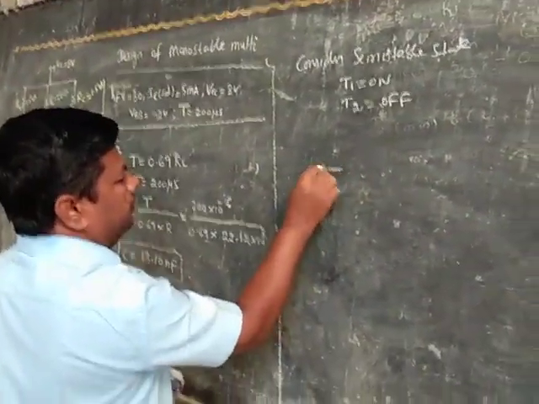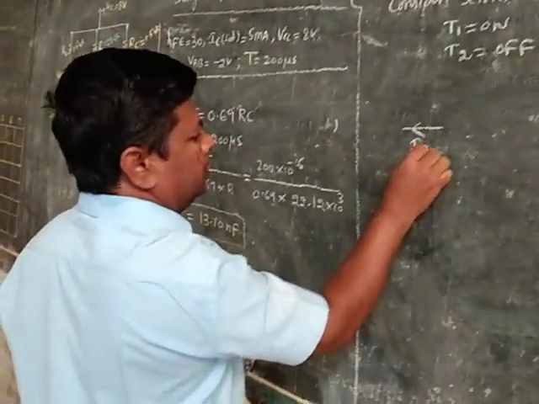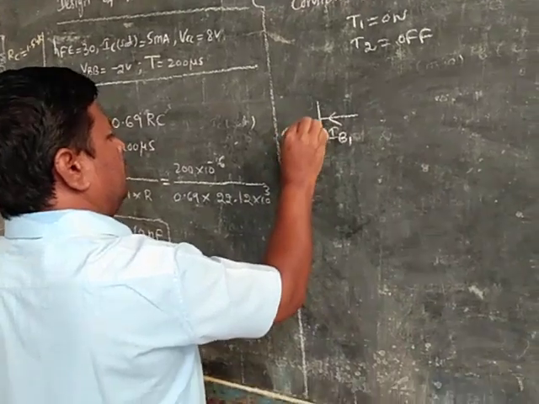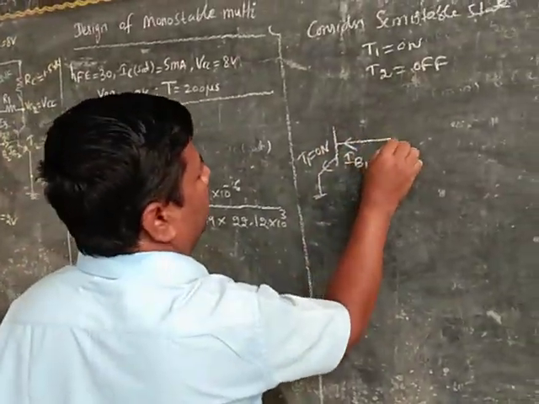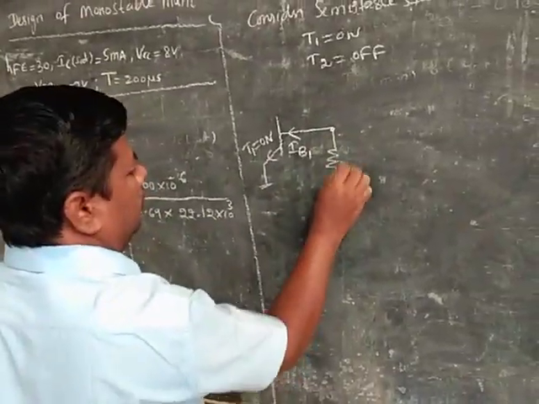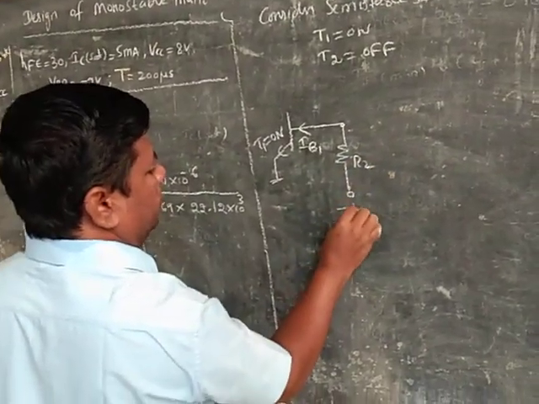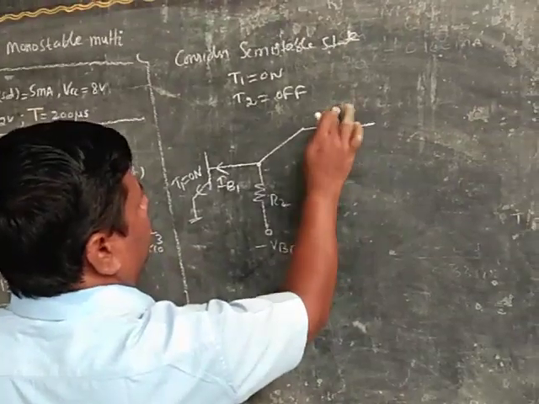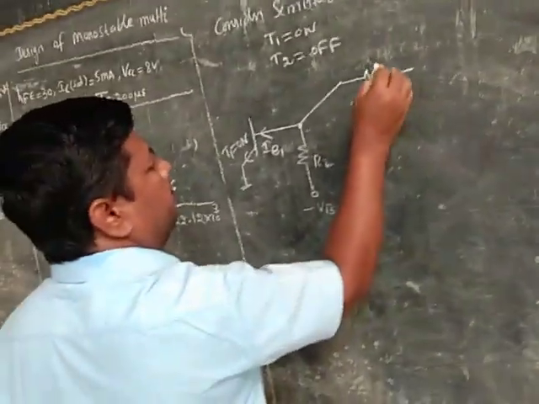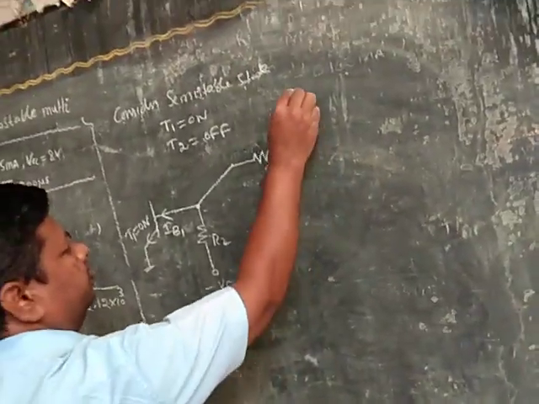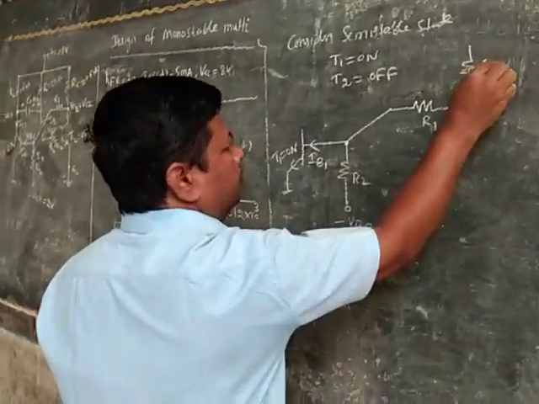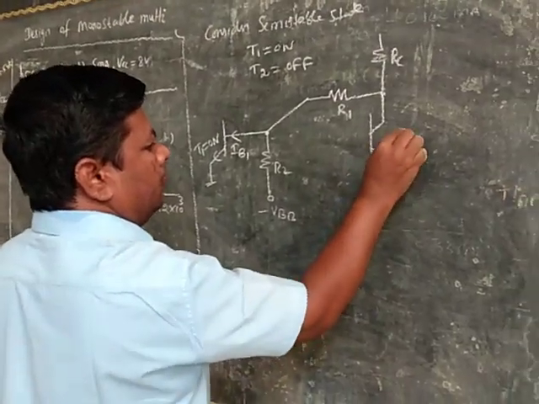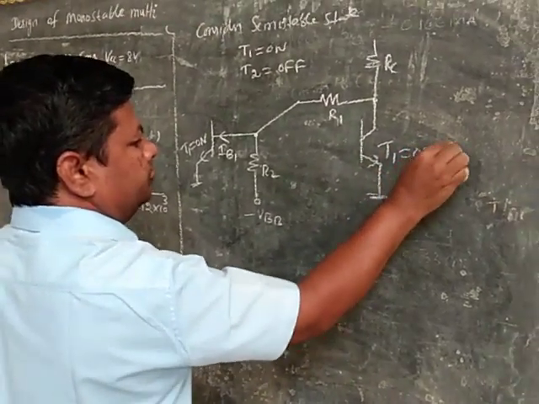Here this is the branch IB1, T1 on, R2 minus VBB, and this is R1, here now T1 off.